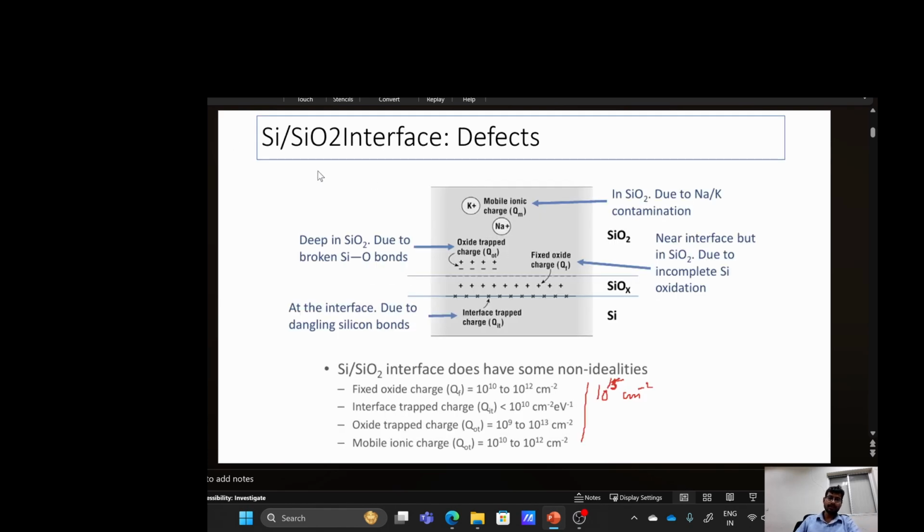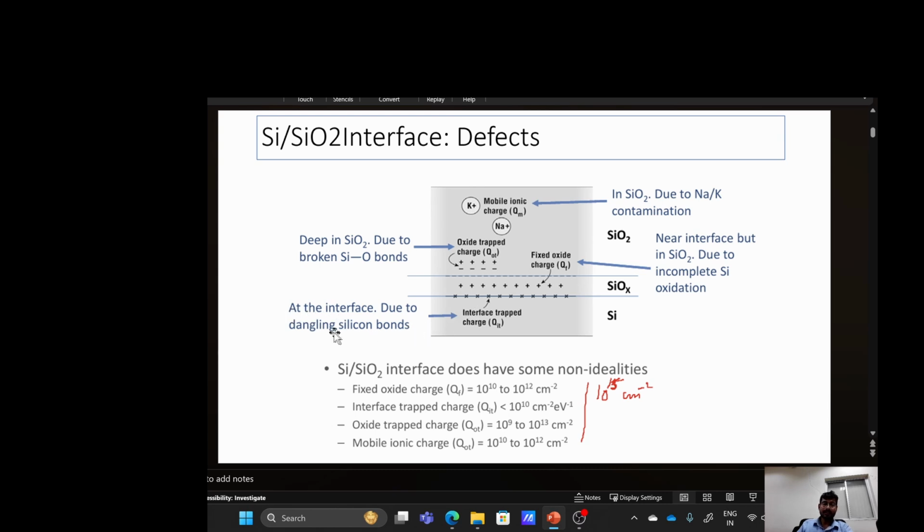There are mainly four types of defects that come when we do the oxidation, whether it is dry oxidation or wet oxidation. Some are at the interface due to dangling silicon bonds. This is the Si/SiO2 interface, inside the silicon, not in the oxide layer.